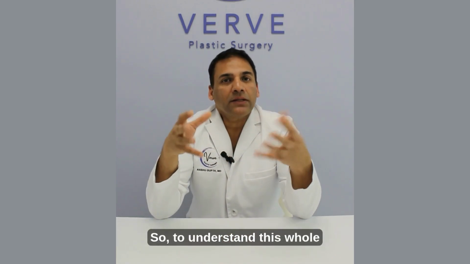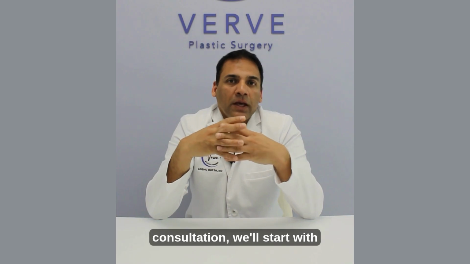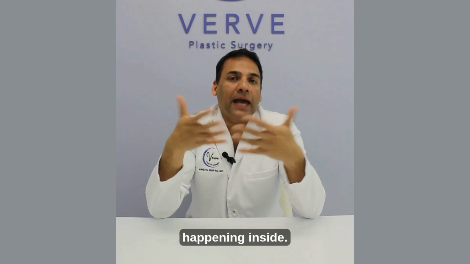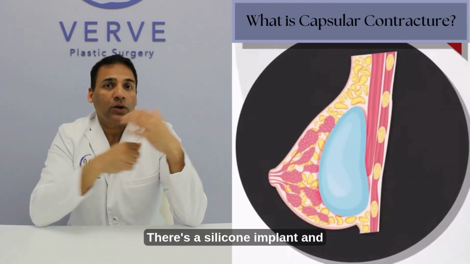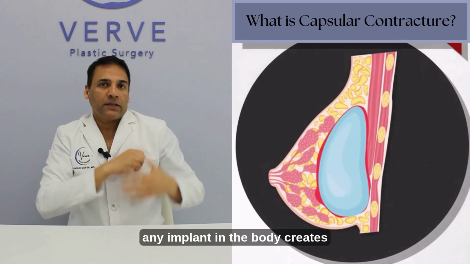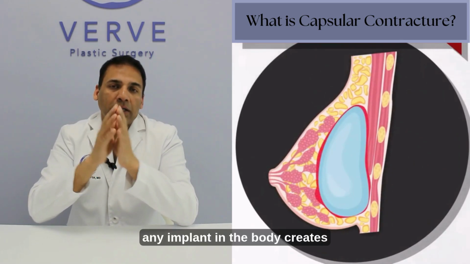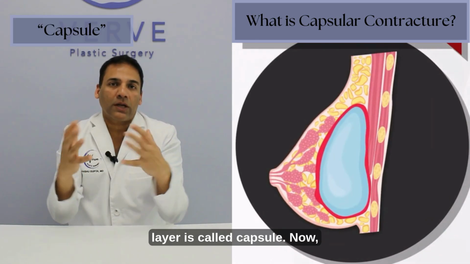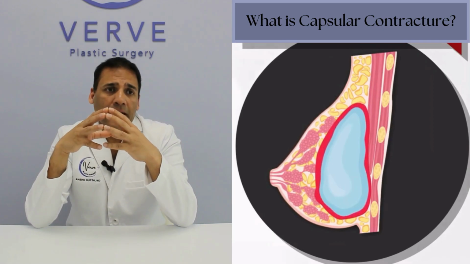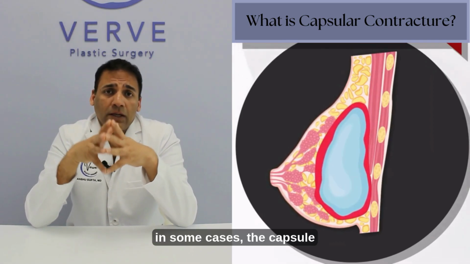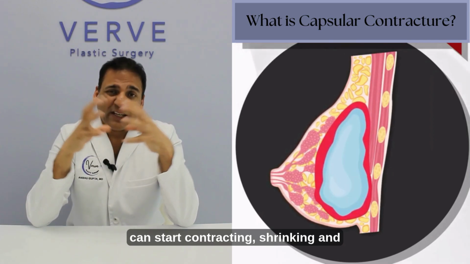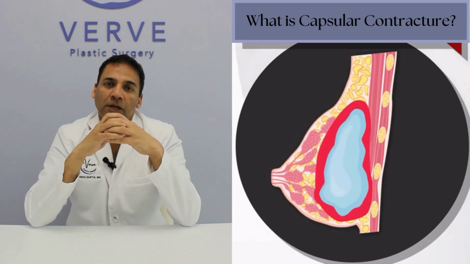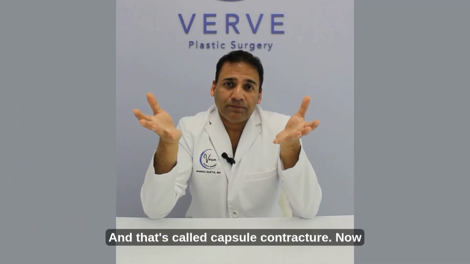So to understand this whole consultation, we'll start with trying to understand what is exactly happening inside. There is a silicone implant, and any implant in the body creates a layer of scar tissue around it. That scar tissue layer is called capsule. Now, in some cases, the capsule can start contracting, shrinking, and squeezing the implant in doing so. And that's called capsule contracture.